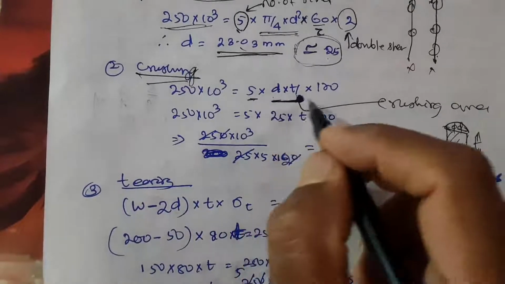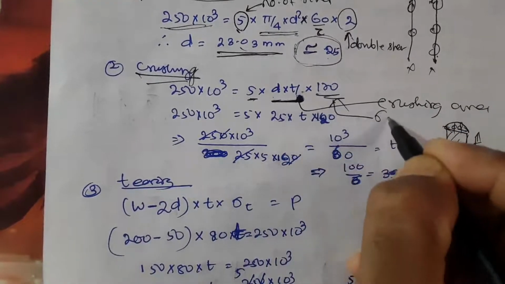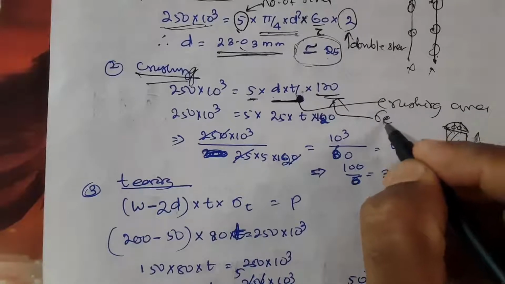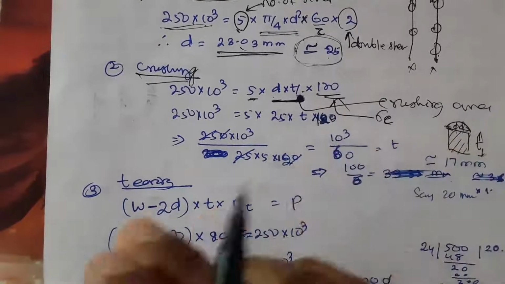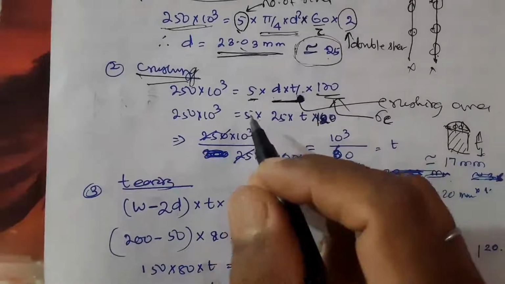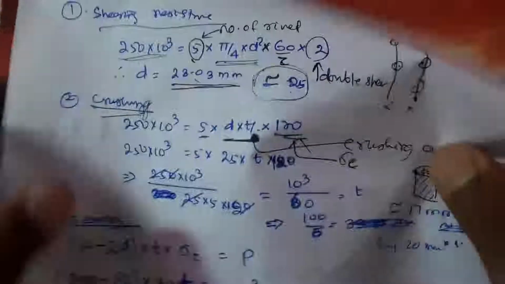So d into t is the crushing area into the crushing strength, which is given, sigma c is equal to 120 megapascal, and 25 into t into 120.